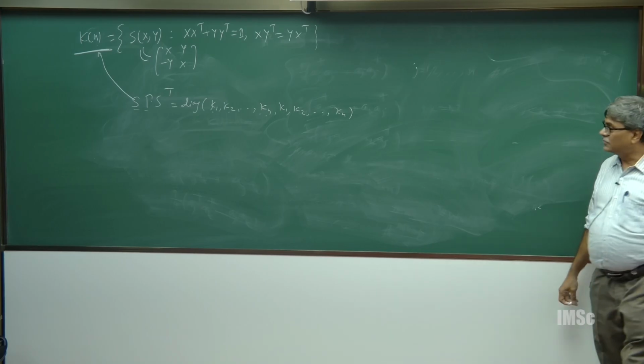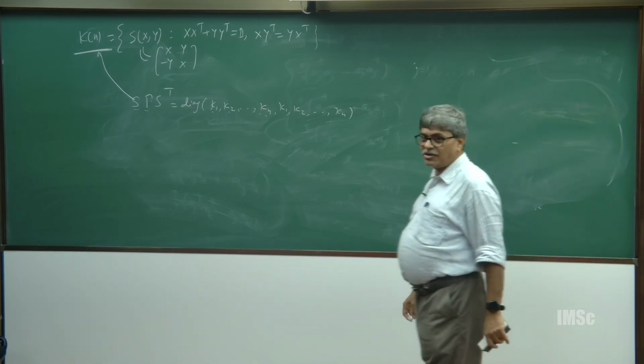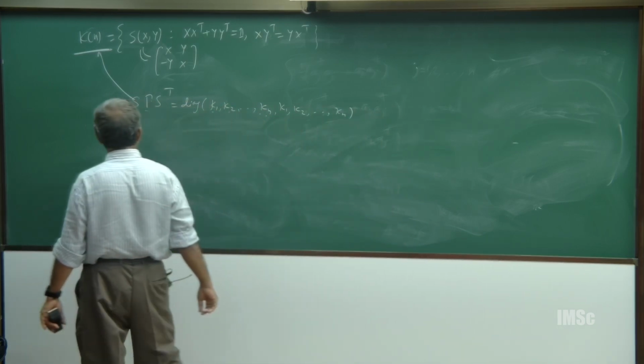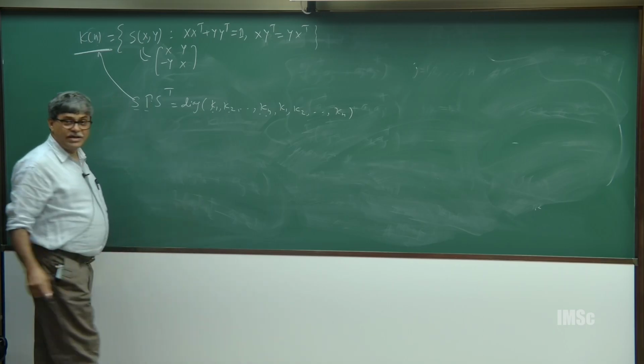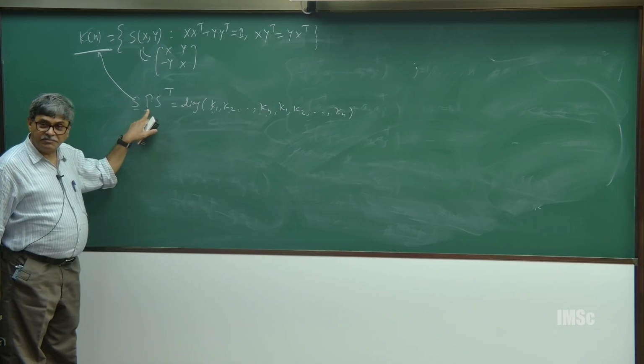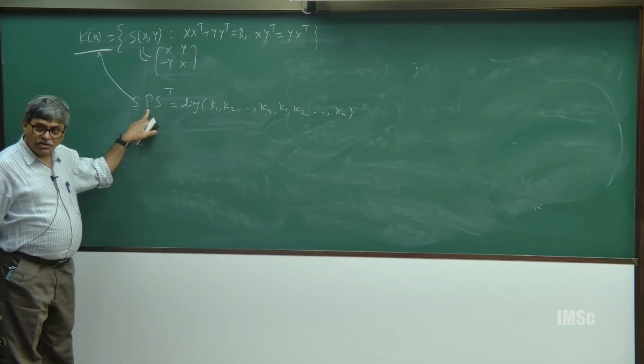Let us say given gamma I want to diagonalize. This right-hand side will give me the eigenvalues of gamma. Gamma is a real symmetric positive definite matrix, so I want S gamma S transpose.